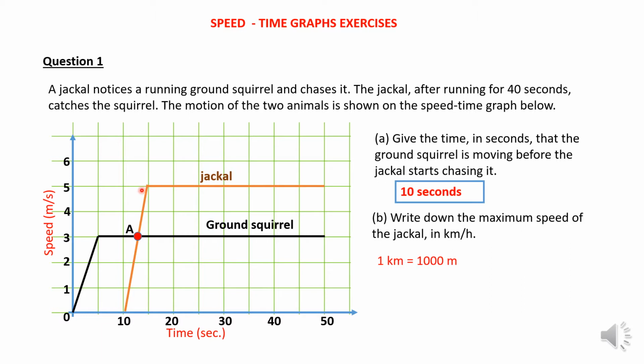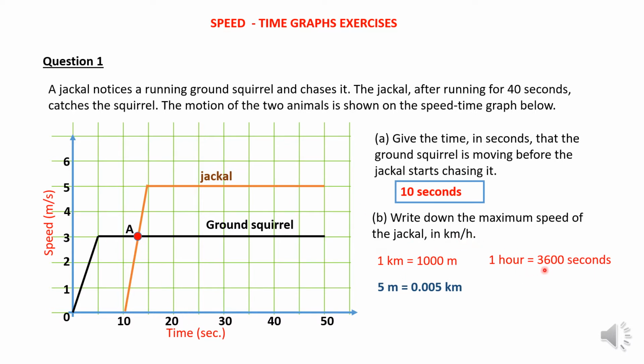But our job is to change 5 meters per second and write it in kilometers per hour. So the objective would be to change meters into kilometers. I know that 1 kilometer is equal to 1,000 meters. I always say do what you know, and from there you know you're supposed to divide. And I also know that you're supposed to change an hour to seconds.